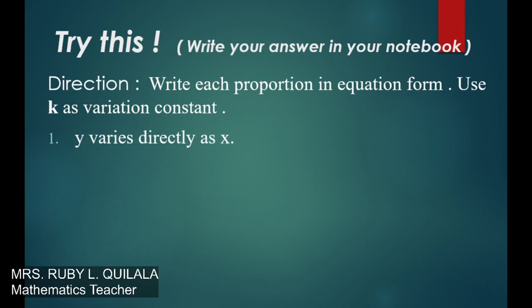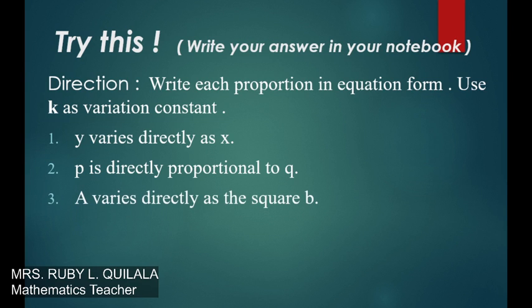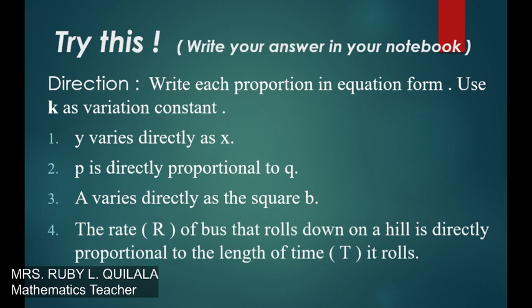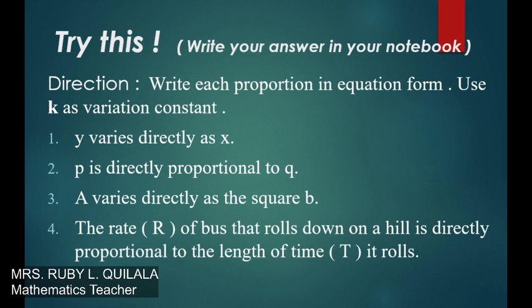Number 1, Y varies directly as X. Number 2, P is directly proportional to Q. Number 3, A varies directly as the square of B. And number 4, the rate R of a bus that rolls down a hill is directly proportional to the time t it rolls.